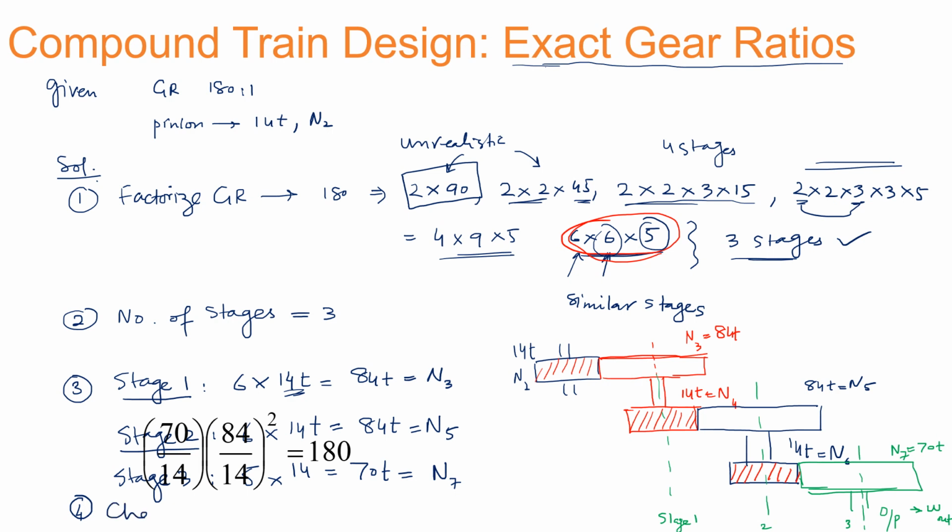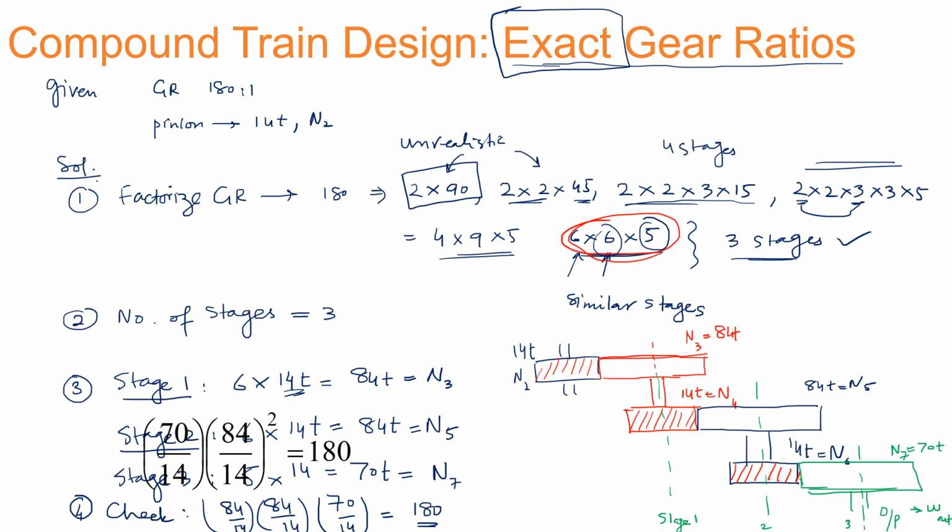So this is going to be something like you are going to check it, and that's when you say that 84 by 14 for the first, and then 84 by 14 for the second, and then use 70 by 14 for the third one is going to be equal to, and you can counter check that, that is going to be equal to 180. And that's exactly the gear ratio that we wanted to achieve.